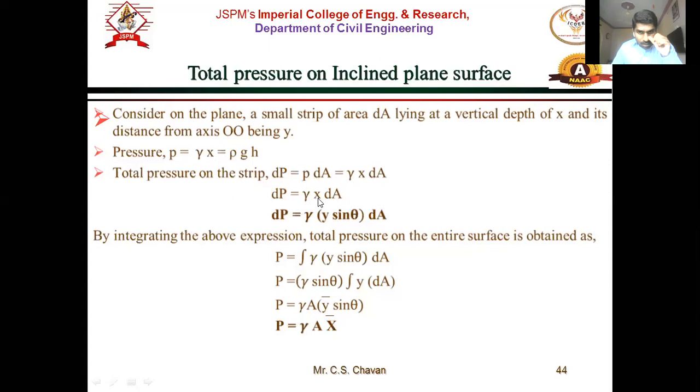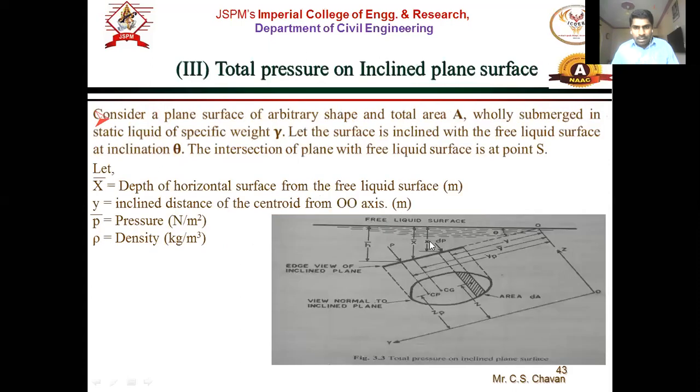Now instead of this x, we can write in terms of y and theta, because for an inclined surface it is difficult to find x, but we can easily find the inclined distance y.